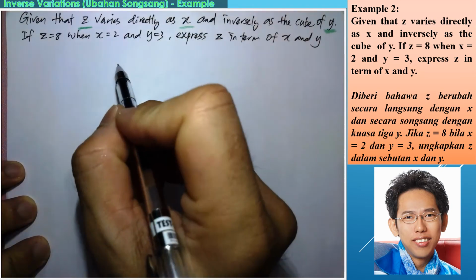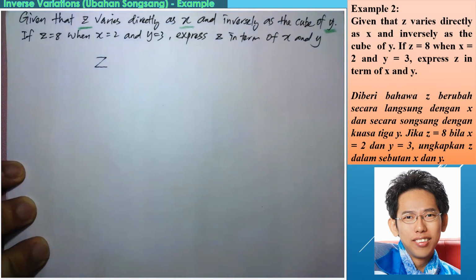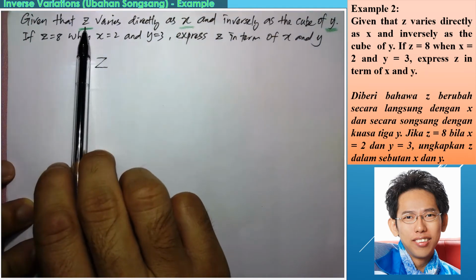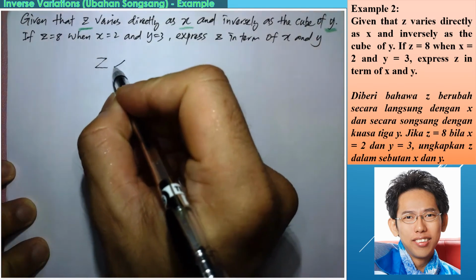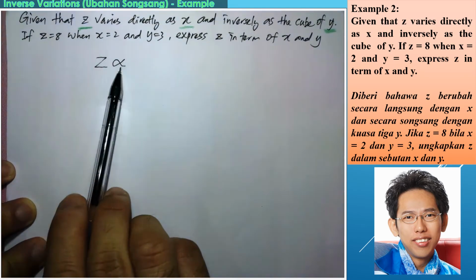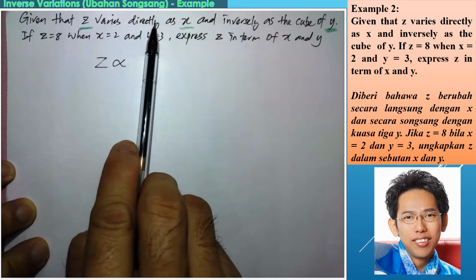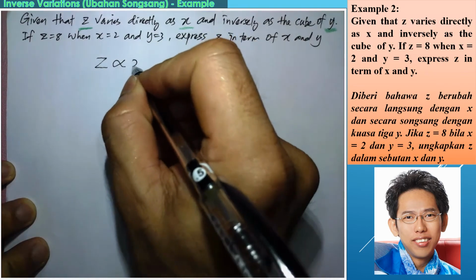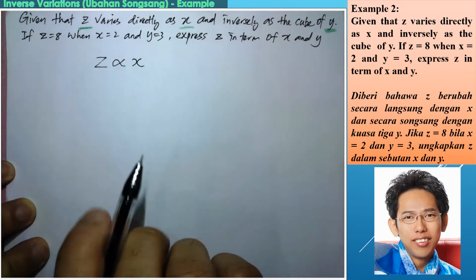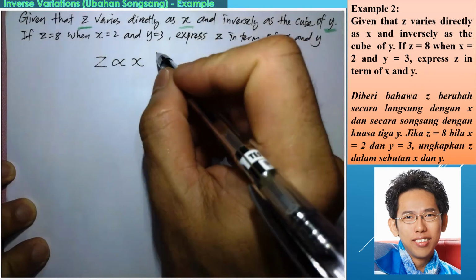Okay, start with the Z. So we are following the statement, Z varies. Okay, direct means straightforward, X. Okay, and inverse need to put 1 over.